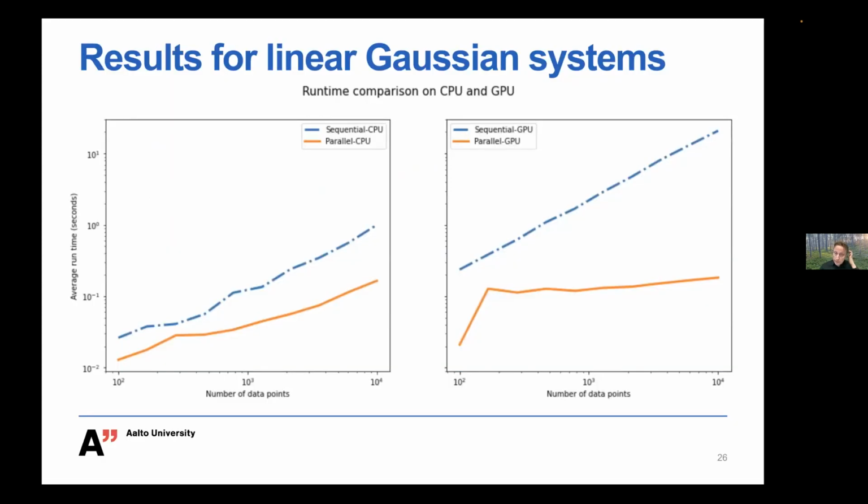Experiments. So what we get if we actually run these on a multi-core CPU and a GPU. In CPUs, we typically have fewer than 100 cores, even in high-end server computers.